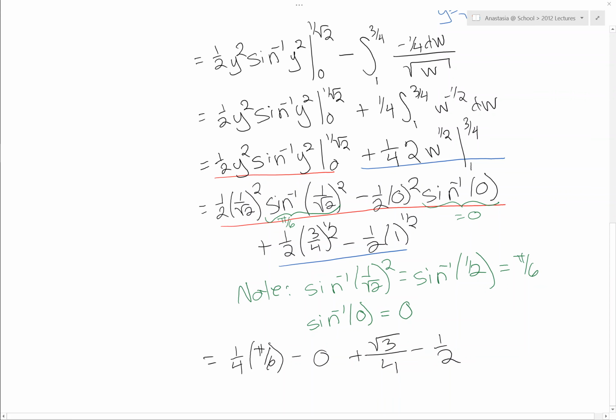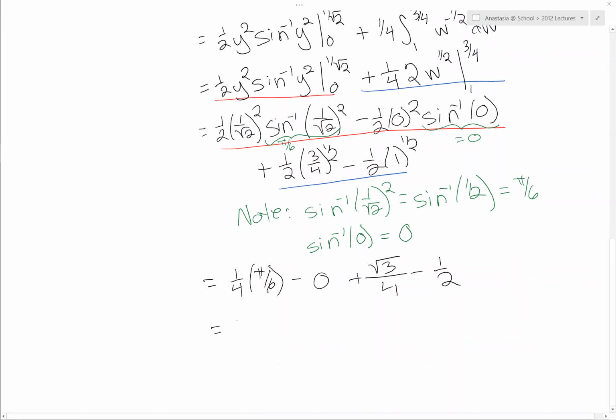And so we'll get our final simplified answer to be pi over 24 plus the square root of 3 over 4 minus 1/2. And that is our final answer for example 6.